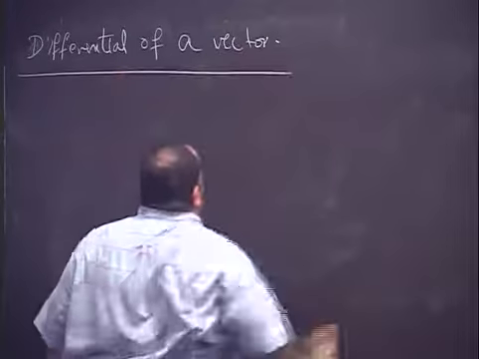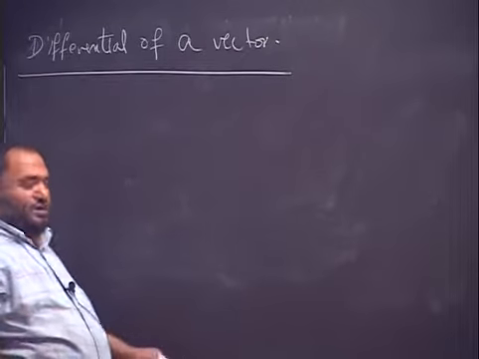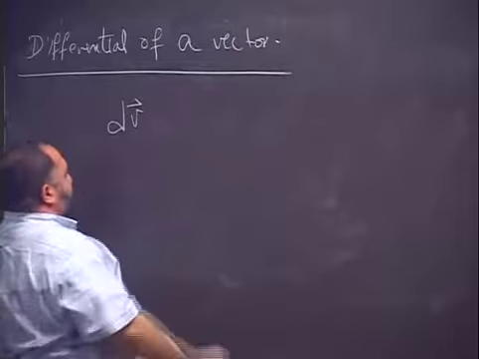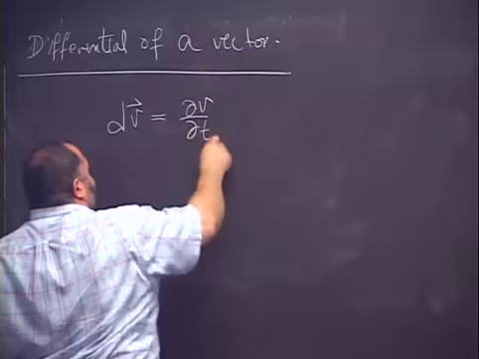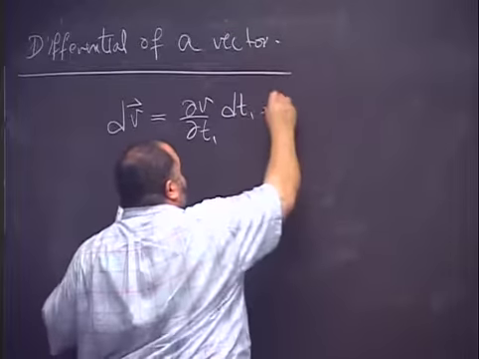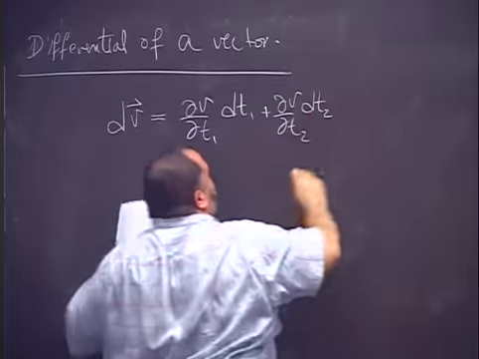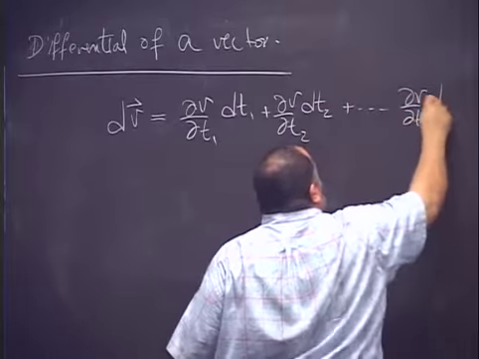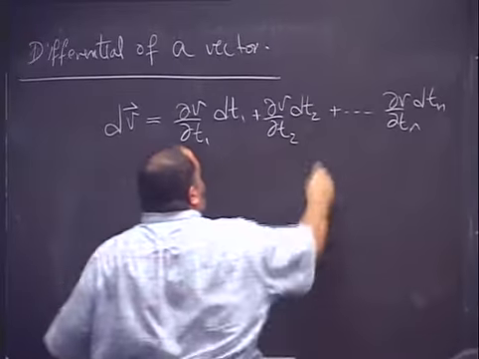If the vector function is a function of many independent variables, to get the differential, all you will do is say the total differential of v is nothing more than dv by dt1 multiplied by the change in t1, plus dv by dt2 multiplied by the change dt2, plus up to dv by dtn multiplied by delta tn.